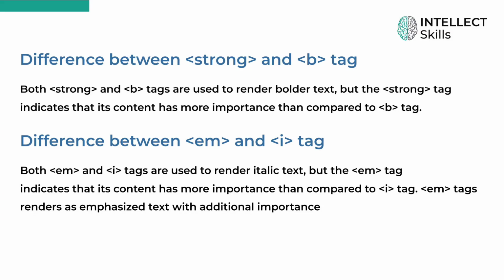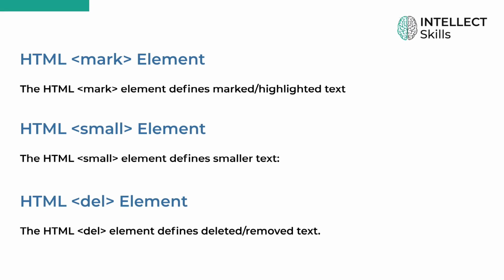The em tag renders as emphasized text with additional importance. The HTML mark element defines marked or highlighted text. The HTML small element defines smaller text, while the HTML del element defines deleted or removed text.